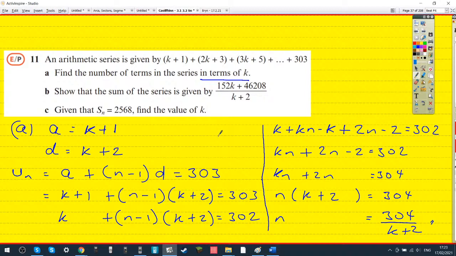Okay. How would we do b? So S of n equals n over 2 brackets 2 brackets k plus 1 close brackets plus n minus 1 times k plus 2.